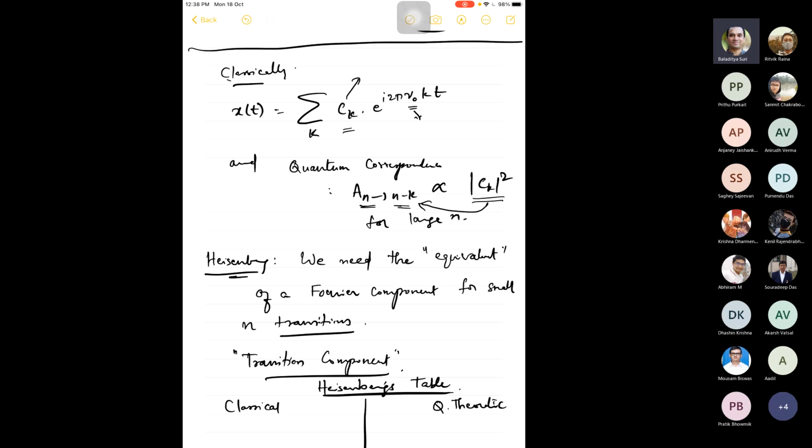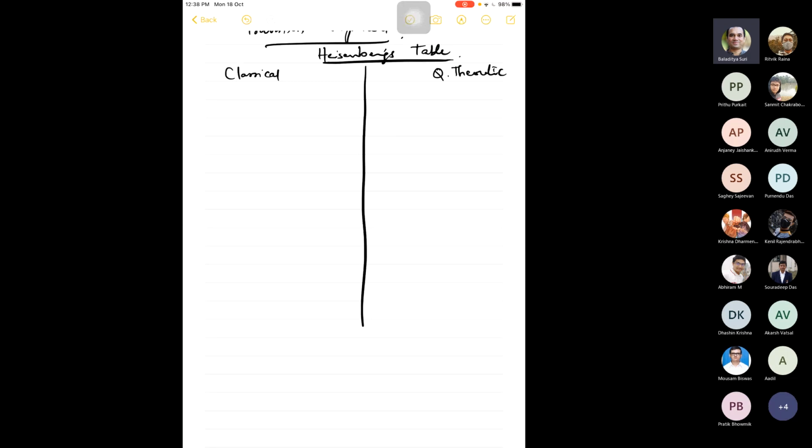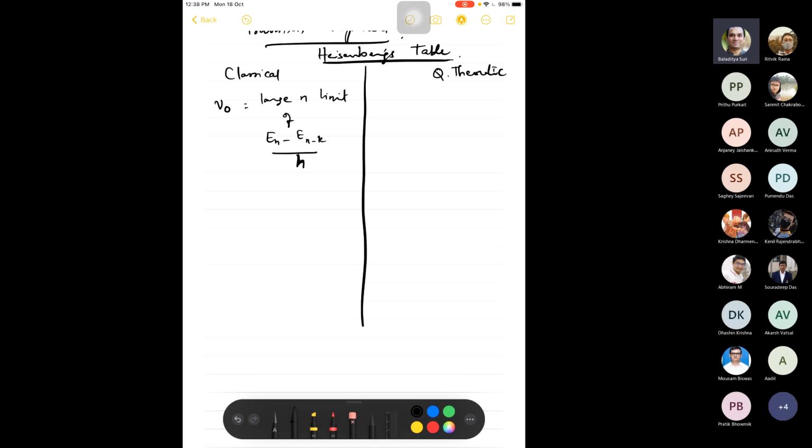Now, what does Bohr say about this fundamental frequency? So classically, nu naught is basically the large n limit of (En minus En minus k) by h, or (En minus En minus 1) by h.